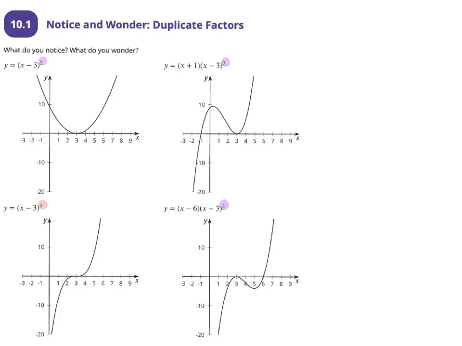So let us examine the shape, what's going on at the intercept x minus 3. If we set x minus 3 equal to 0, we have to add 3 to both sides, and then we get x equals 3.